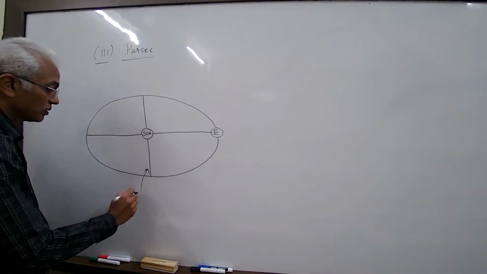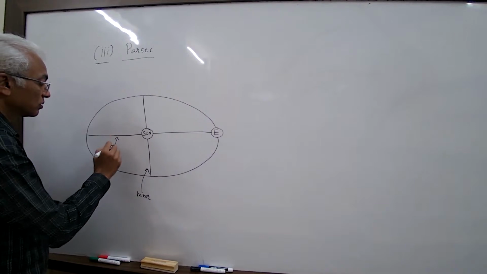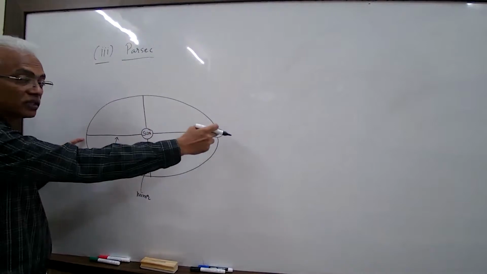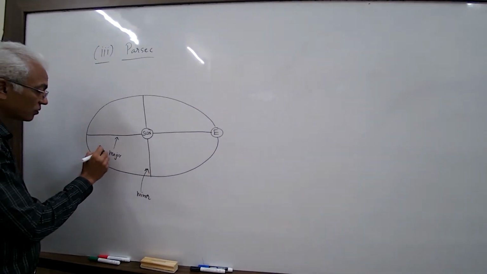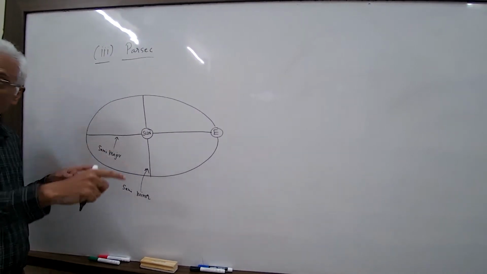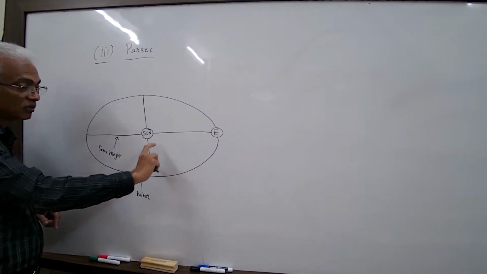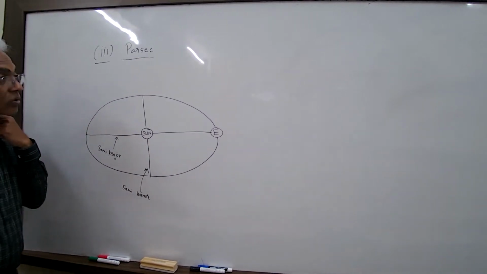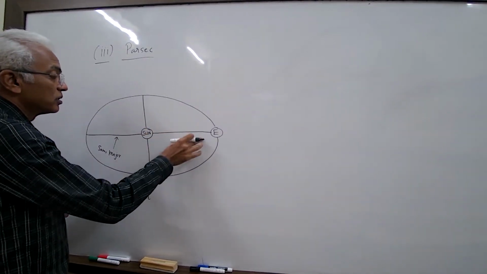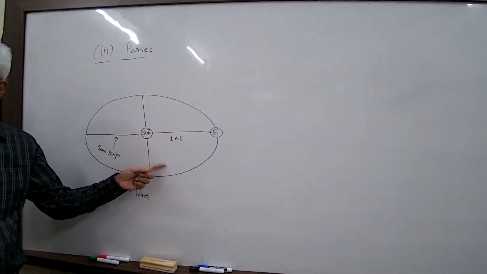This is minor axis. And this is called major axis. So when you take half of it, this full axis is major, half is semi-major. And this is semi-major. Okay? In ellipse, you have major and minor axis. And this is semi-major and semi-minor. Okay? So this distance between Earth and Sun is 1 astronomical unit. I told you in the last class.